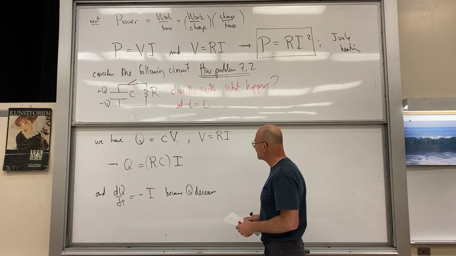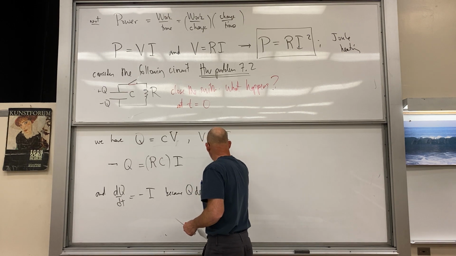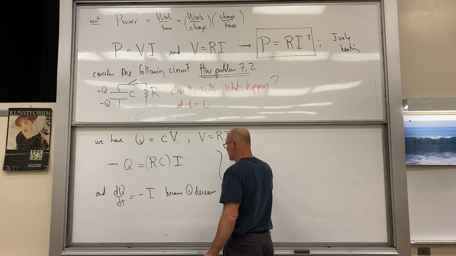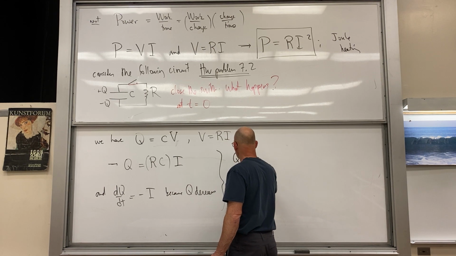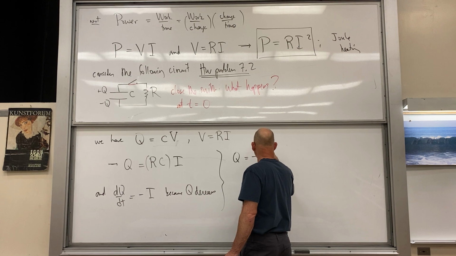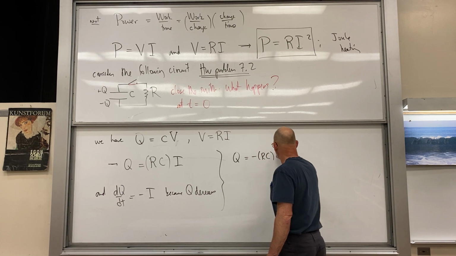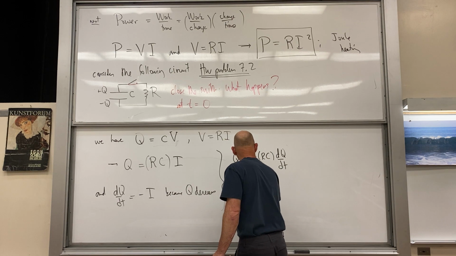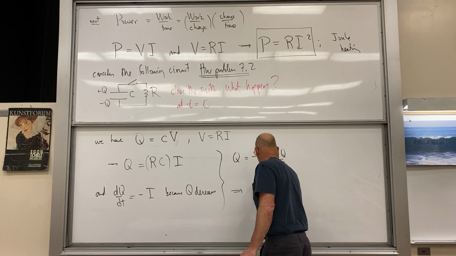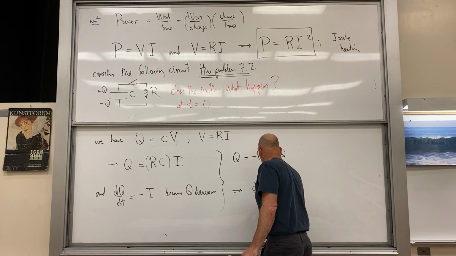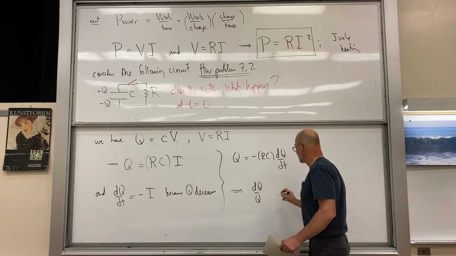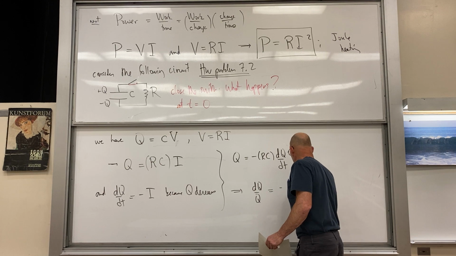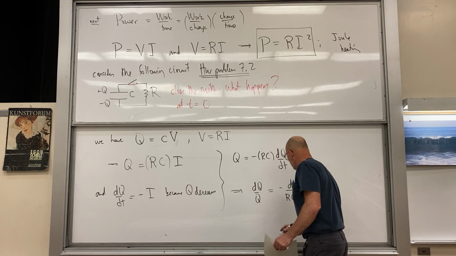So yeah, we can turn that into a differential equation. So we have Q equals minus RC dq dt, and then we'll separate variables. We'll have dq over q on the one side is equal to minus dt over RC.